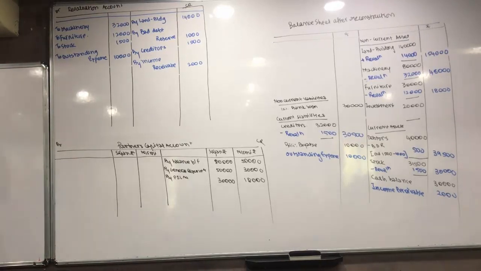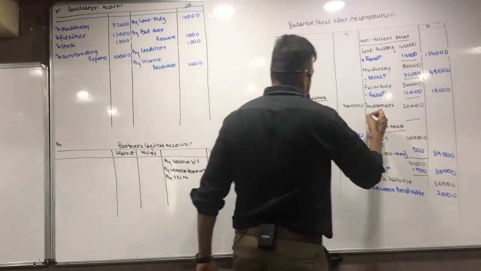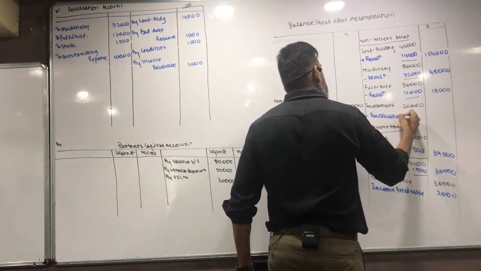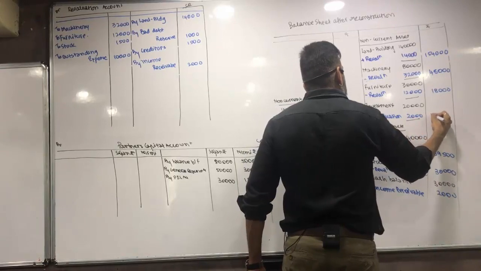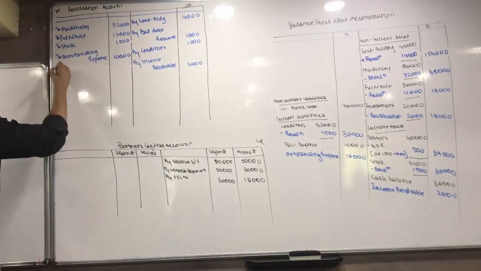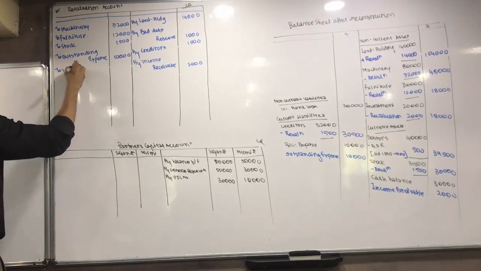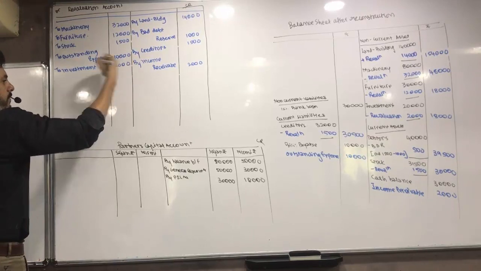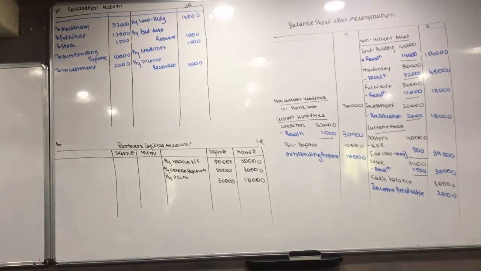Investment to be shown at market value, so minus revaluation. Second effect, decrease to investment. All done. Check the two effects, start balancing.